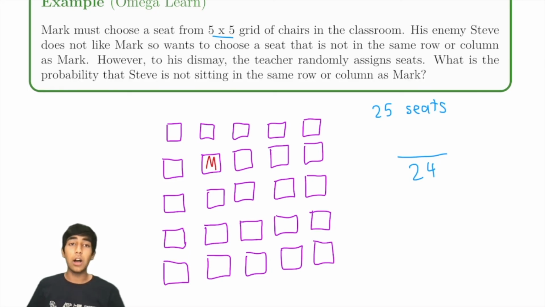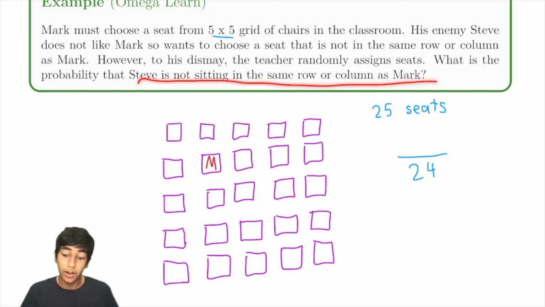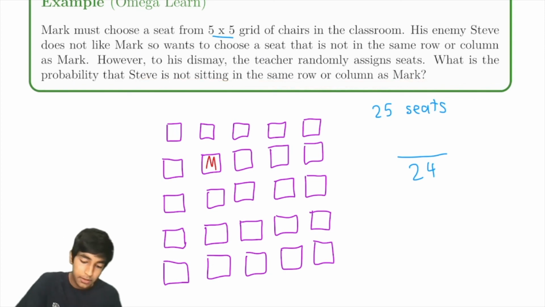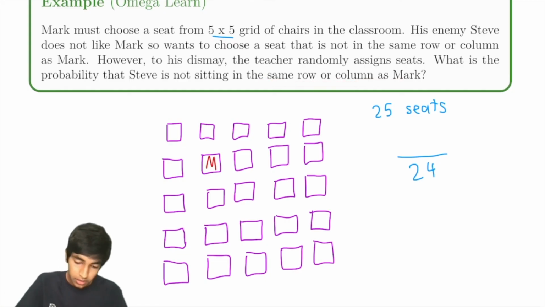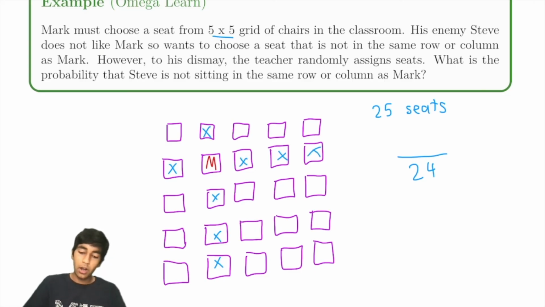Now, how many of these outcomes have Steve not sitting in the same row or column as Mark? He's randomly assigned, so he could be sitting anywhere. But what's the probability he's not in the same row or column? In this case, for example, Steve can't sit here because of the column, and he also can't sit here, here, here, or here because of the row. Now, if we count them, there are 8 additional seats that don't work.